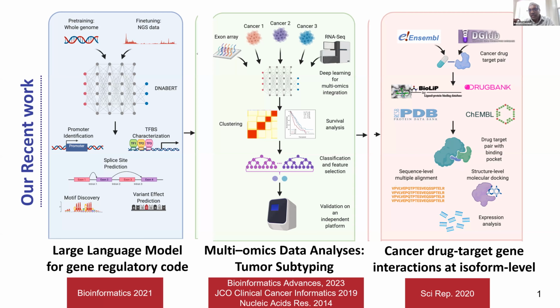We're also investigating the cancer drug and drug target interactions, how they are affected by these splice variant protein isoforms. I'm not going to talk about that, but mostly I will be focusing on the DNA-BERT that we released in 2021, which has become very popular and used in many applications now. And then time permitting, I'll get into the second project.